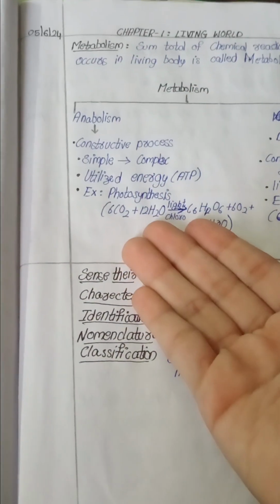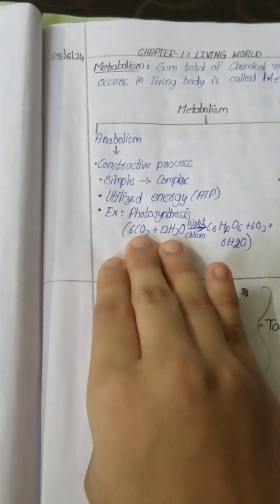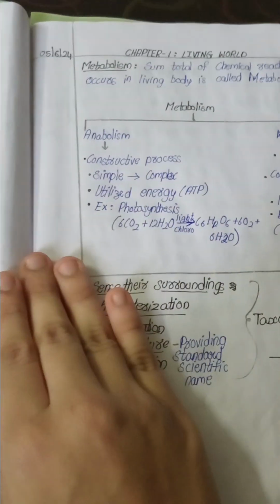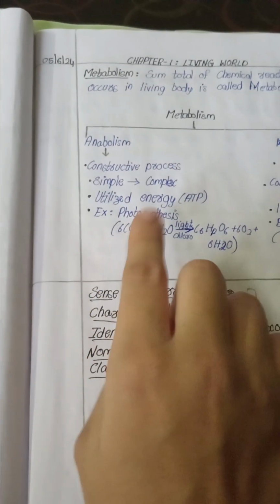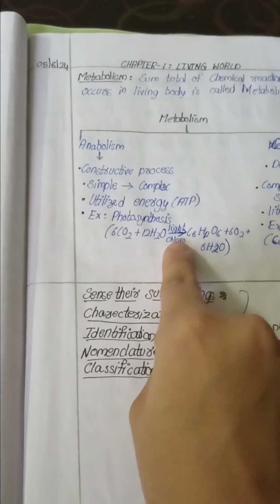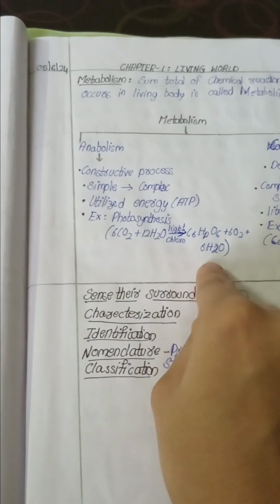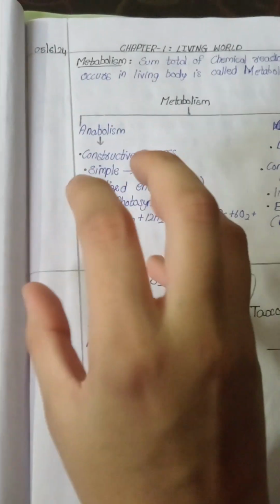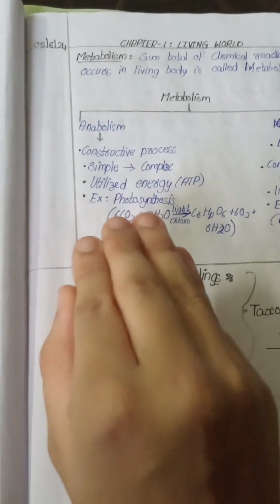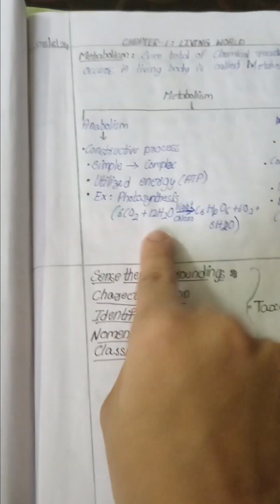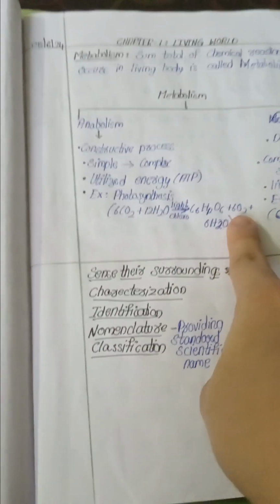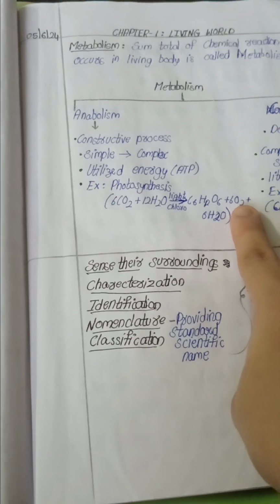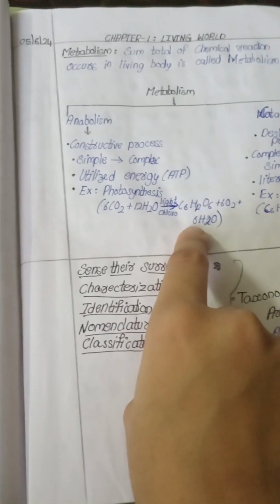We have already learnt the chemical reaction for photosynthesis in class 10th, in the first chapter, which was nutrition. 6CO2 plus 12H2O, with light and chlorophyll, gives rise to C6H12O6 plus 6O2 plus 6H2O. So six molecules of carbon dioxide with 12 molecules of water, in the presence of light and chlorophyll, form glucose plus 6 molecules of oxygen plus 6 molecules of water.